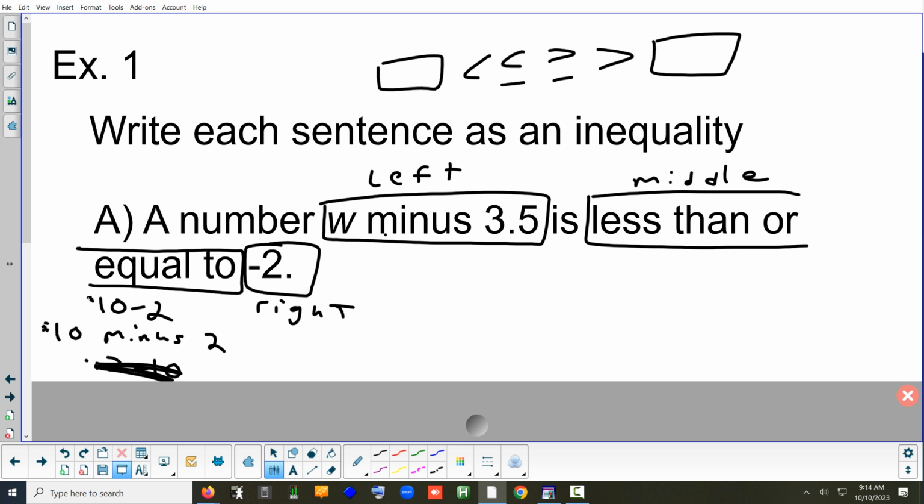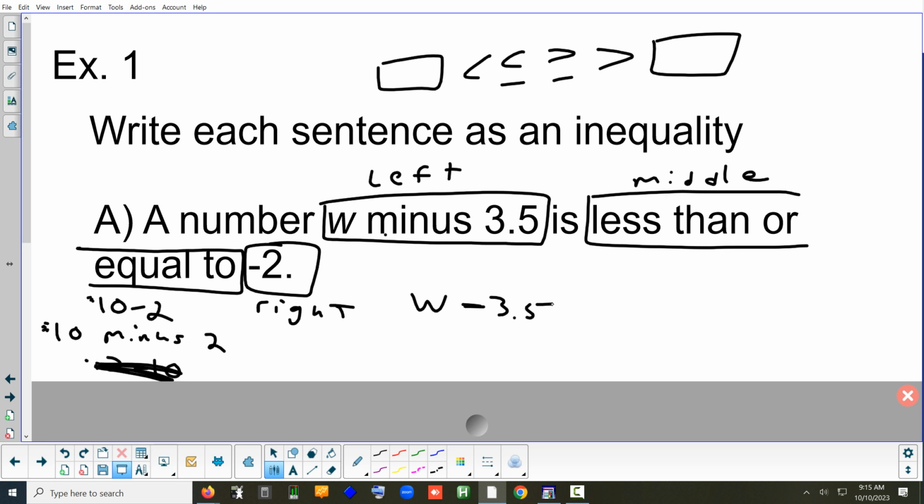You would switch the order if you saw a phrase like fewer than, like 2 fewer than 10. You would do 10 minus 2. So when you see a phrase like fewer than in a subtraction, that's when you have to switch it. Here it's just W, the subtraction symbol, and 3.5.